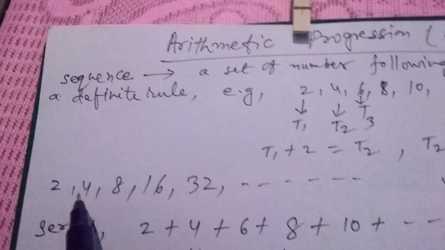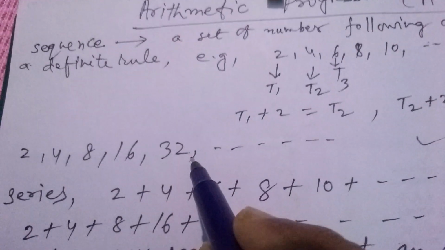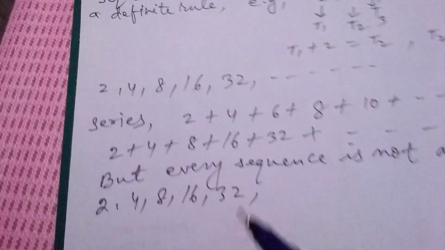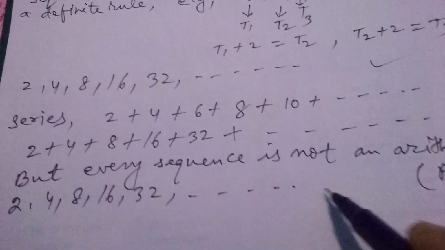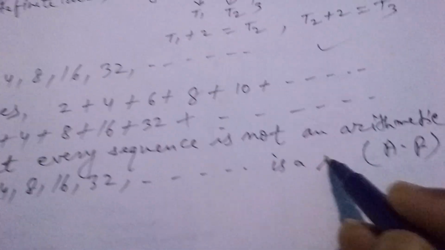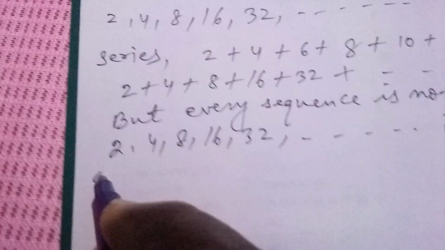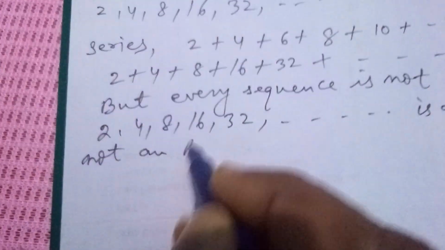As in this case, you see 2, 4, 8, 16, 32. It is a sequence, but not an AP.